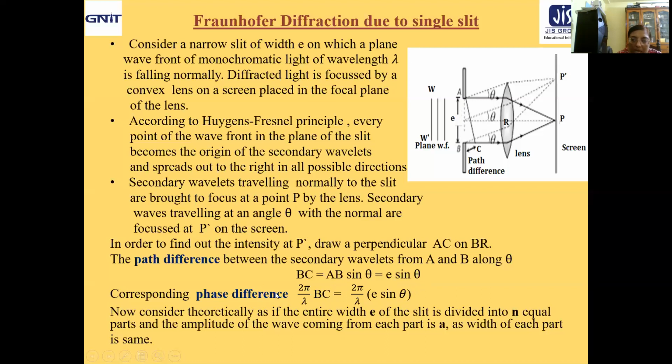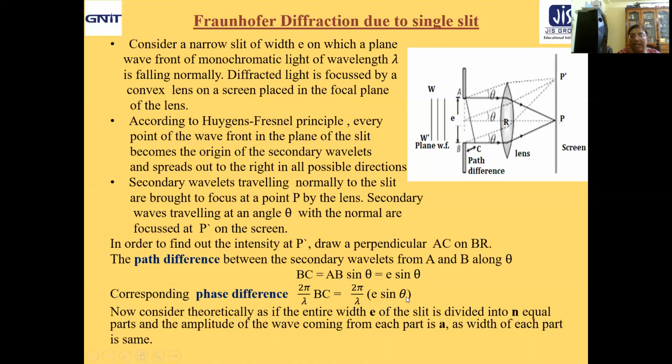So the corresponding phase difference is 2 pi by lambda into BC. You know the relationship. Now BC equals e sine theta. So listen very carefully.